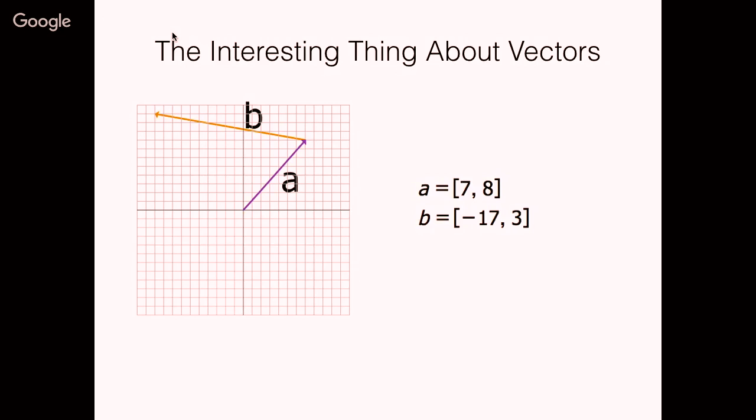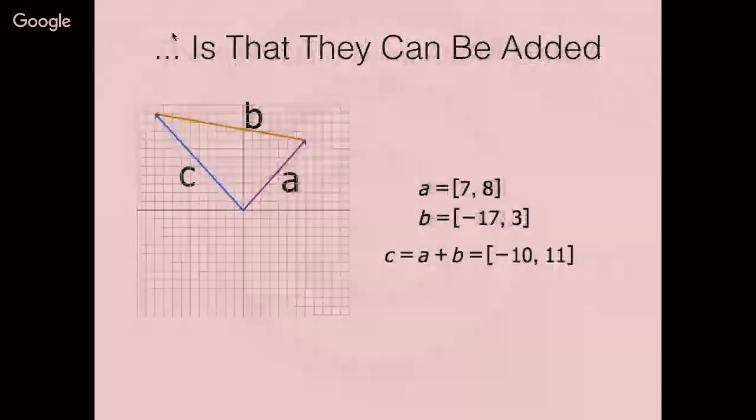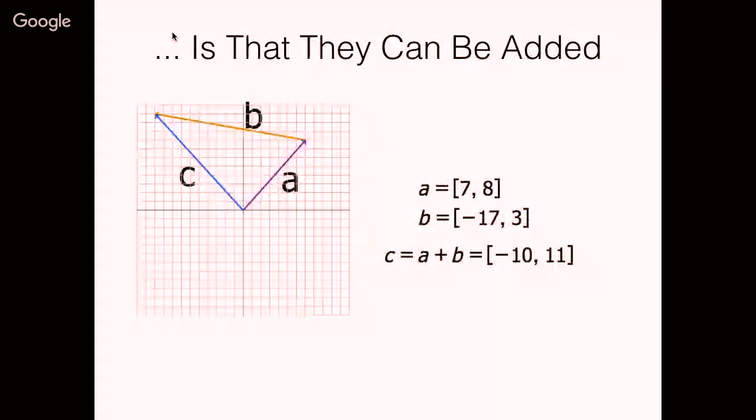We've got (7, 8), and then (-7, ...). You can actually add them together, and when you add them together, you just add the two bits together. So the resultant vector, the c that you get by adding the first two vectors together, you just add the two components, the x and y, in place, and they're addable, which is lovely.